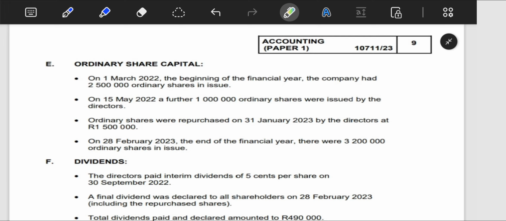What am I saying? I'm saying, if the examiner did not tell you anything about the share buyback qualifying or not qualifying for final declaration, you assume that all the shares qualify for final declaration at the end of the year.